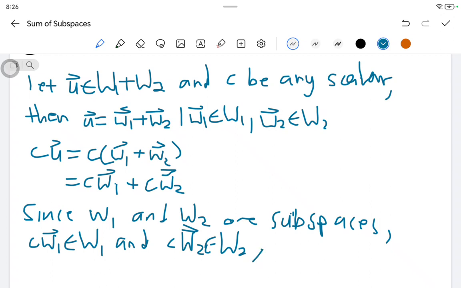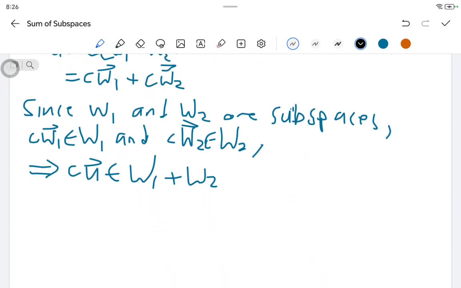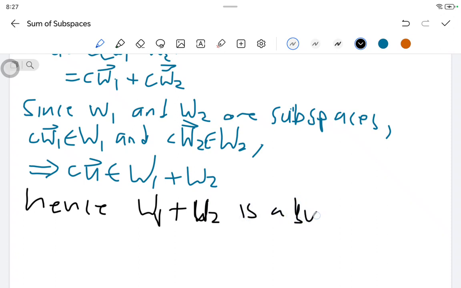So this implies that c u is an element of W1 plus W2. Now, since we see that everything has been satisfied, we can say hence W1 plus W2 is a subspace of V.